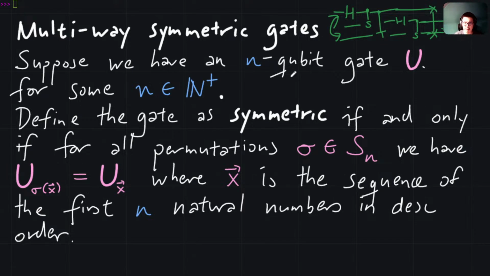Suppose we have an n-qubit gate, let's call this U, for some n that is a strictly natural number. So remember, N plus is the counting numbers 1, 2, 3, and so on. It differs from the other natural number set, N, which is 0, 1, 2, 3, which some also call whole numbers.